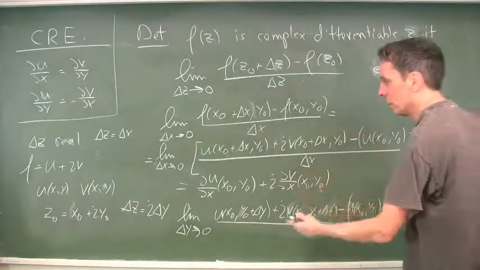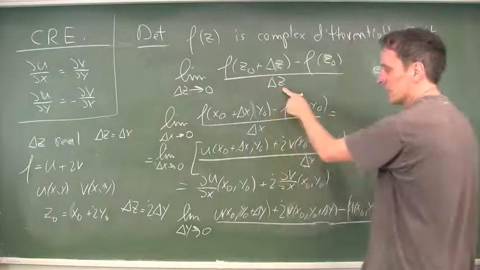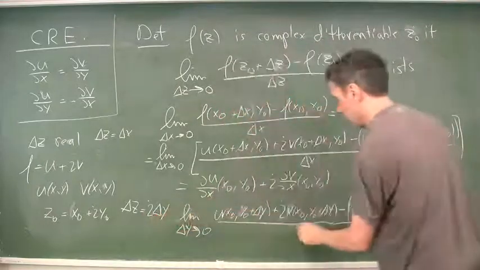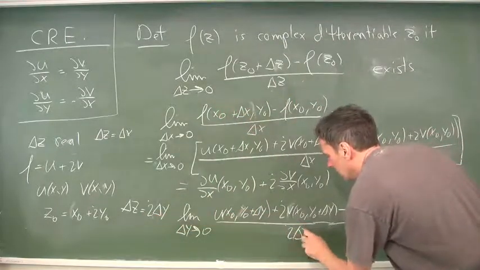And then we have to divide by delta z, which is now equal to i times delta y.